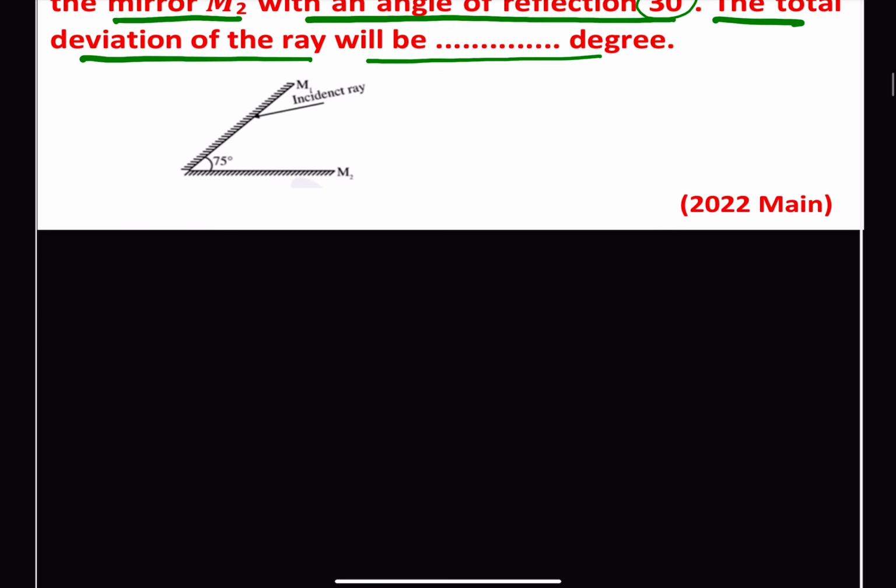So we can just draw an approximate figure for that. We have two mirrors which have an angle of inclination of 75, and a light is incident.